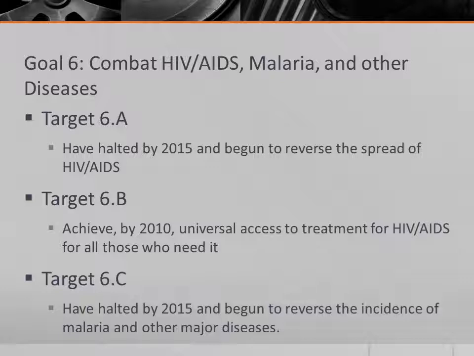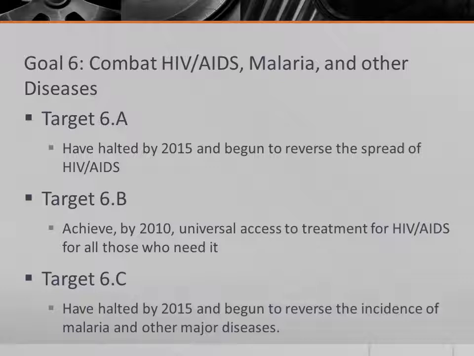And so from the year 2000 to 2013, global HIV infections fell 40%. However, 35 million people are still living with HIV/AIDS. And more than 75% of all new infections occur in just 15 countries.